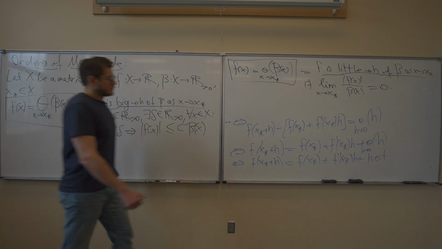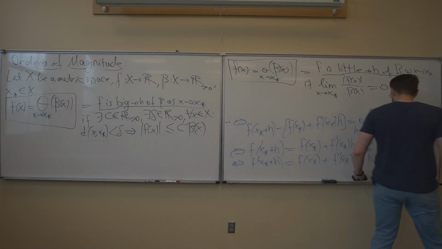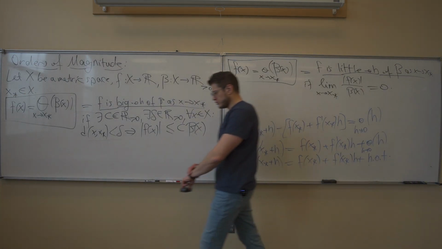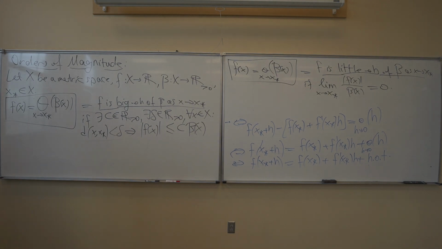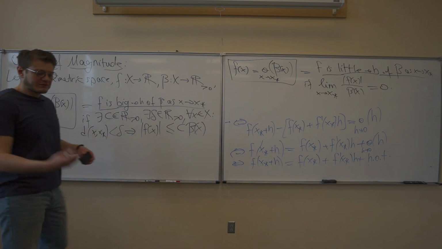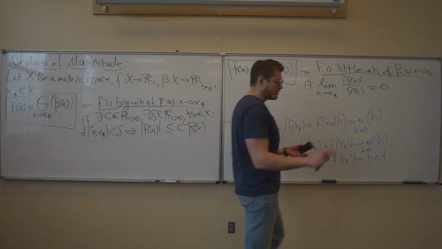Okay. Now you're going to see in a second why these are so useful. Because ultimately what I want is that now that we've been dealing with epsilons and deltas, even though we could keep using epsilons and deltas, they're not very convenient, okay?